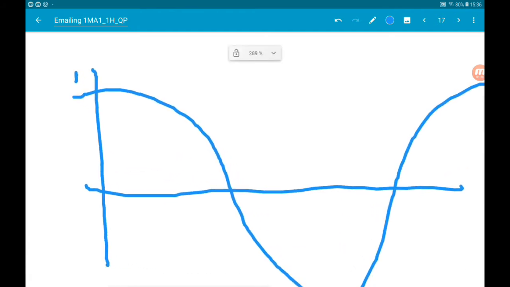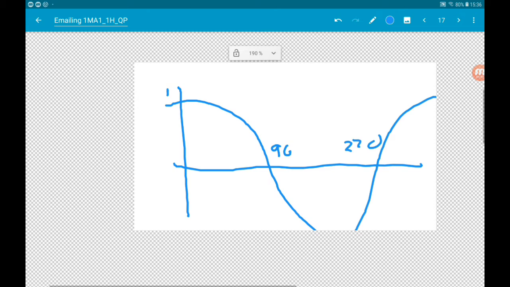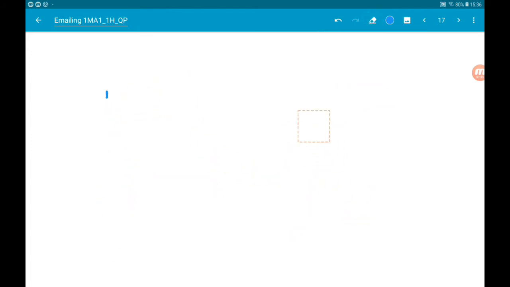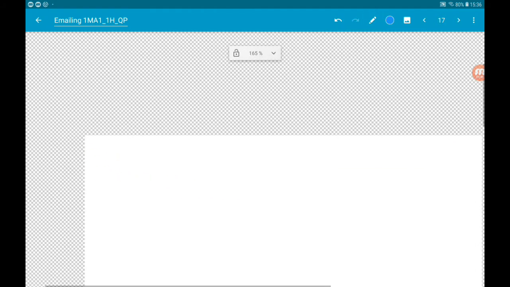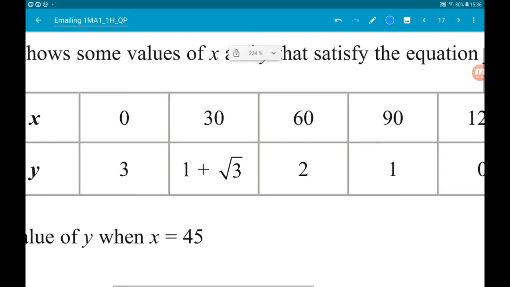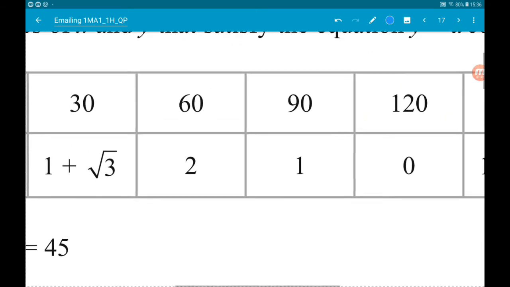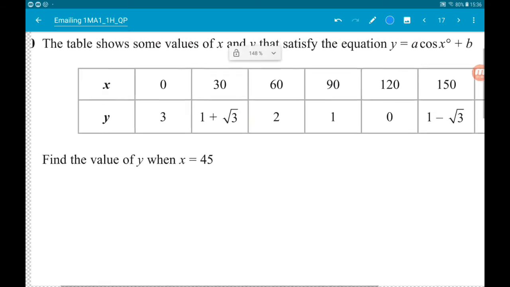Now, when x is 90 and 270, the cos function is equal to 0. So in the table, we do actually have a value when x is 90. So when x is 90, y is 1.